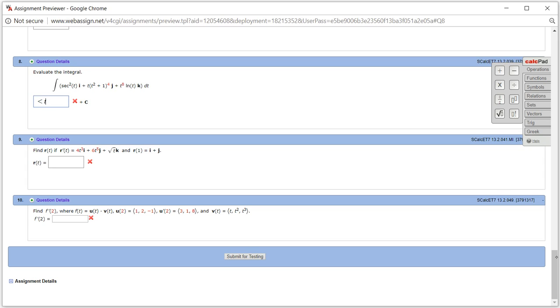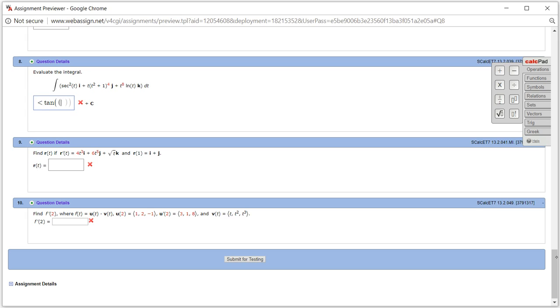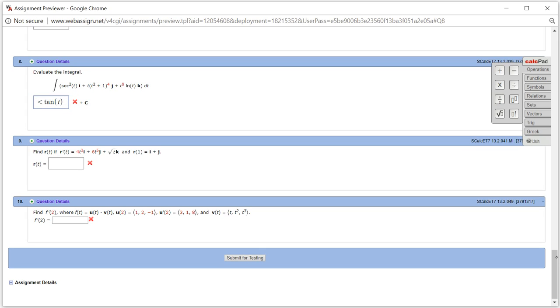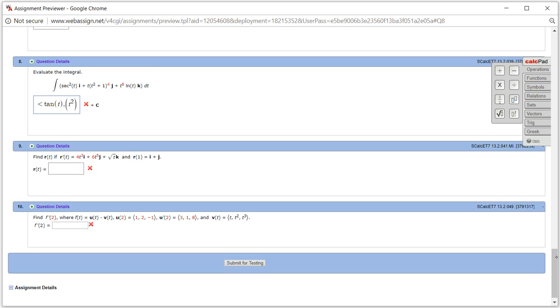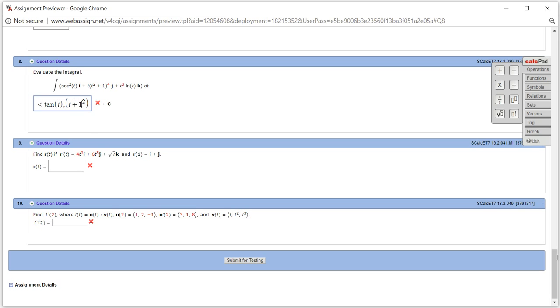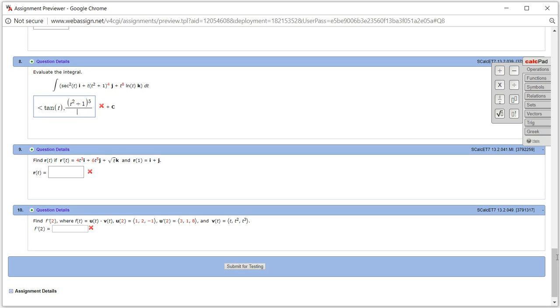It's going to be tangent of t, comma. The next component is t squared plus 1, oh, actually, oops, there's a t, plus 1, raised to the 5th power and divided by 10.